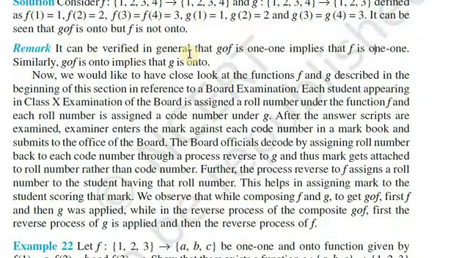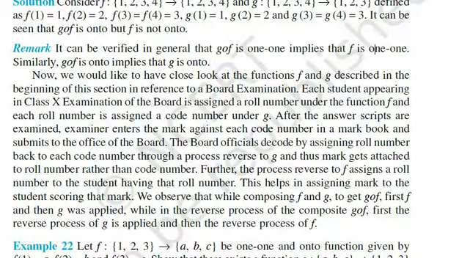It can be verified in general that g of f is 1-1 implies f is 1-1. If g of f is 1-1, we have seen that g need not be 1-1, but f is necessarily 1-1. There is no other case. If g of f is 1-1, f must be 1-1.